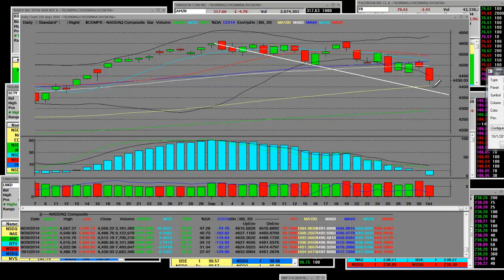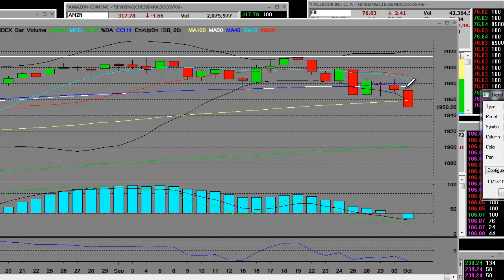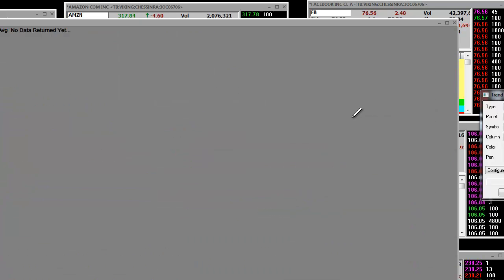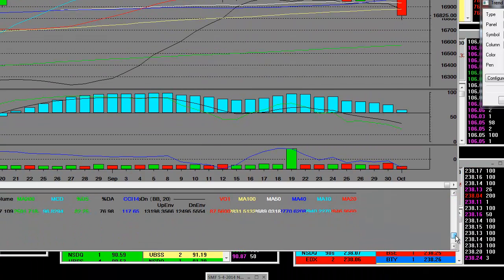Once again, NASDAQ composite has a daily sell signal. S&P is at 1950. It's selling down with the sell signal, once again through that 100-day simple moving average on the S&P 500. And once again, on the Dow, we don't have a sell signal yet, but it's breaking down through the 50-day moving average, which is the white line.